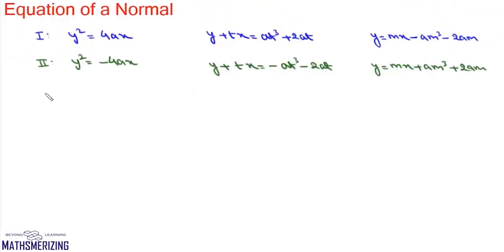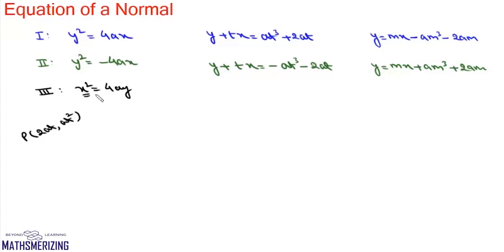Now we'll come to this third equation of parabola, and that is x square equals 4ay. Now we know that for this parabola, any point on it we can write as (2at, at square).